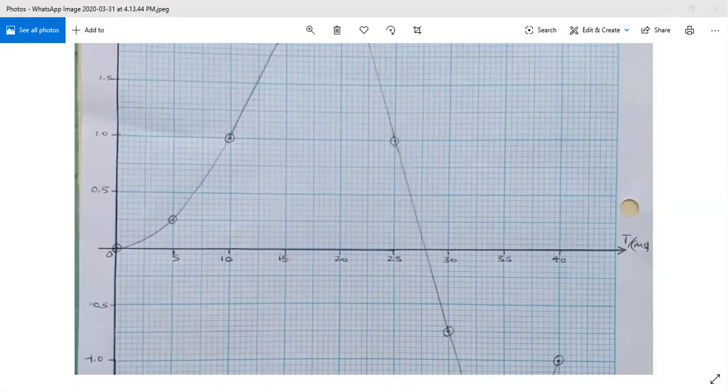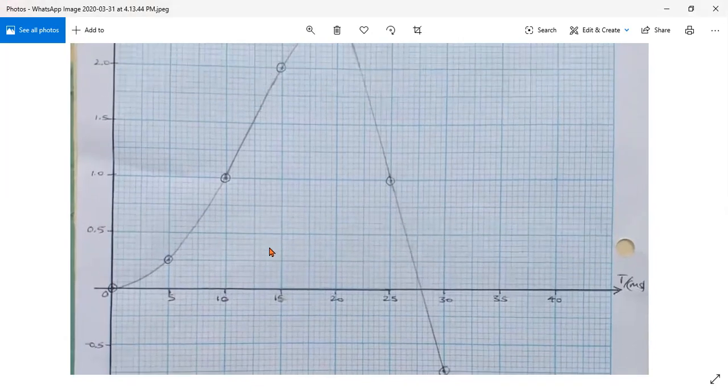Wait, the induced EMF after 12.5 milliseconds. We just go back to make sure. Good. So here, after 12.5 milliseconds, so here's 15 between here to here, so half of it will be 12.5.